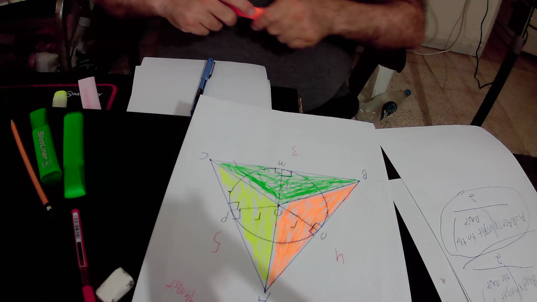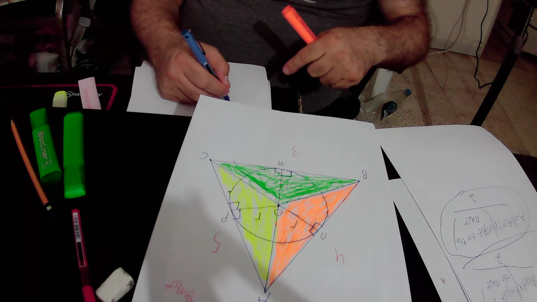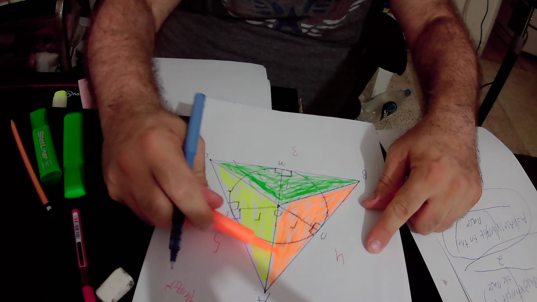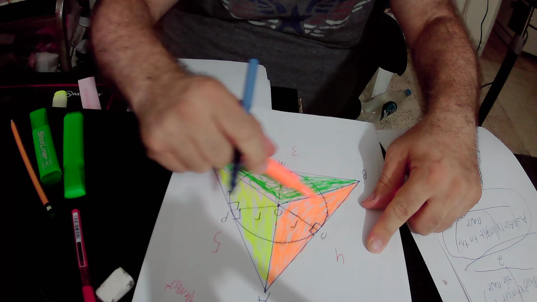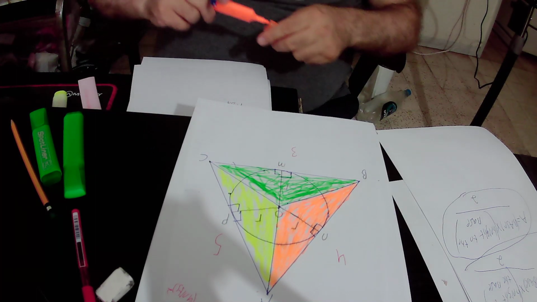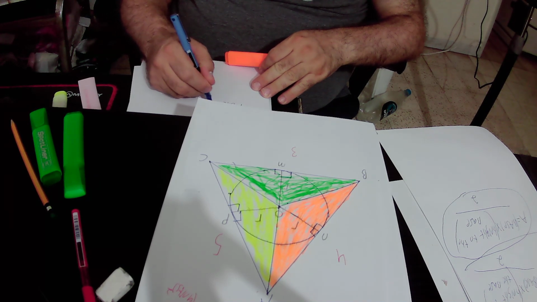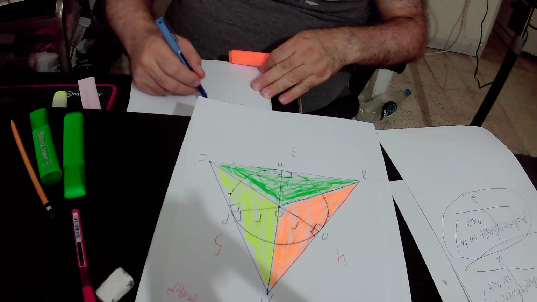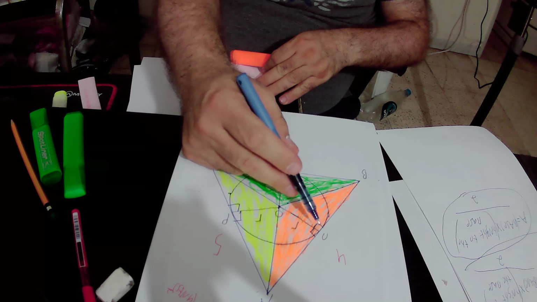So the area of the orange triangle, that is triangle AOB, equals the base of the triangle, that equals 4 units, given in the question, times the height to the base.